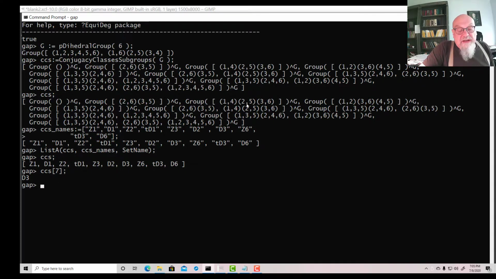Sometimes when the group is pretty large, it may be difficult to name all these subgroups, especially when the structure of this group is not intuitively clear. Like in the case of the symmetric groups, you have hundreds of subgroups.